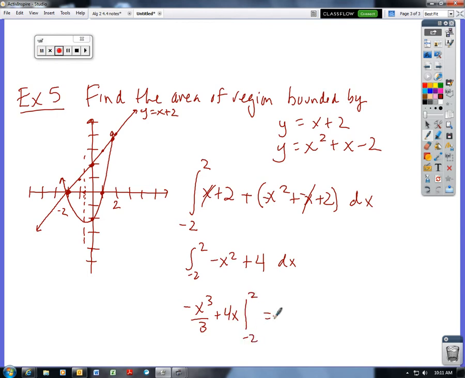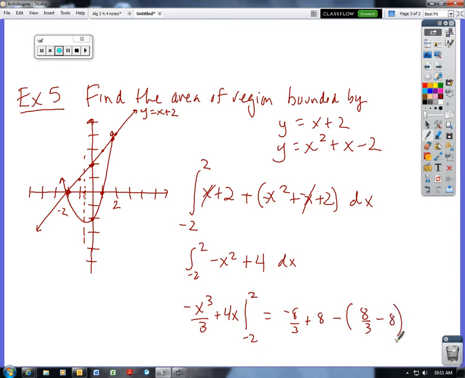So if I plug 2 in there, because I always plug the upper one in first, negative 8 thirds plus 4 times 2 is 8, minus parenthesis, plugging in negative 2. Negative 2 cubed is negative 8, but there's a negative in front, so it's positive 8 thirds. Plug negative 2 in there, that's negative 8.